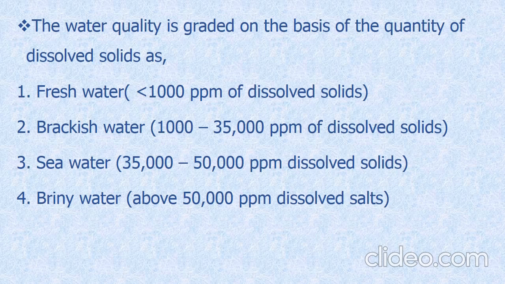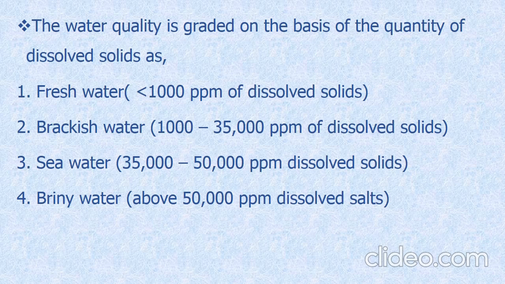So fresh water has less than 1000 ppm of dissolved total salt. Dissolved total salt means it can be calcium, magnesium, sodium, potassium, anything. So total salt content should be less than 1000 ppm, then it is called fresh water.